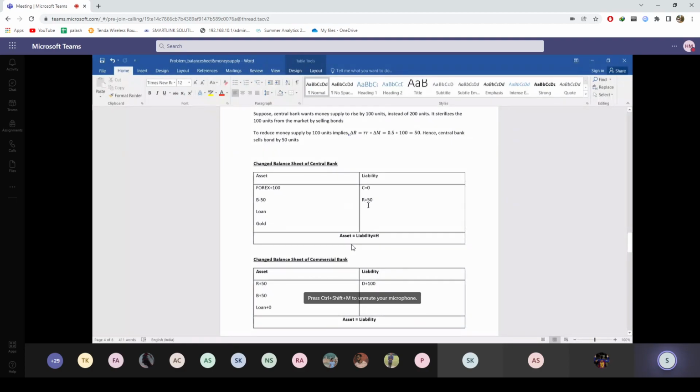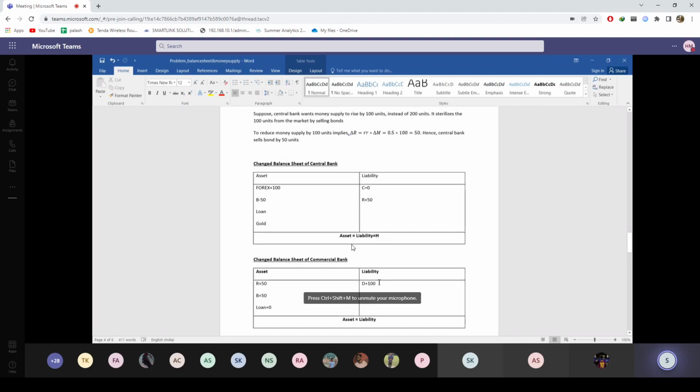You see, reserves is R plus 50. Delta R is 50. So delta R divided by RR, which is assumed to be 0.5, it is 100. Bond sold from here, bought here. So the central bank sells government bonds to the commercial bank.